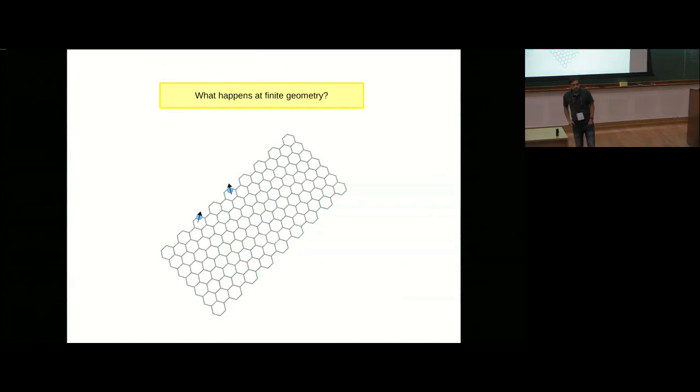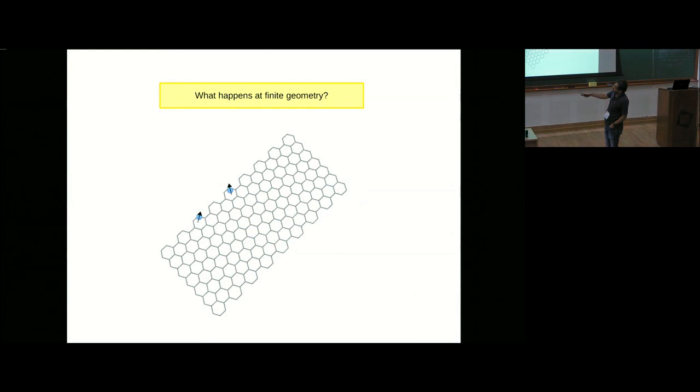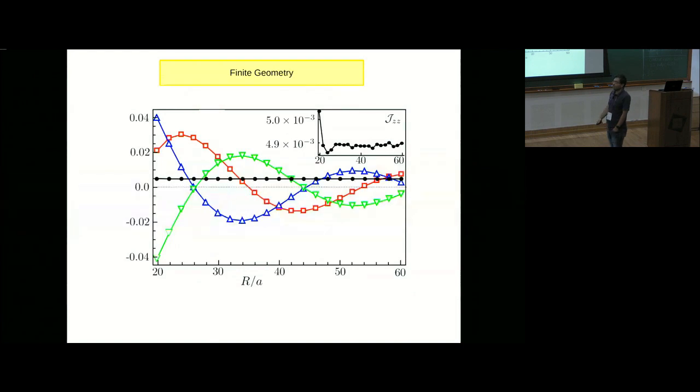Now what happens if we are in a finite geometry, where the edge states go along and can come back, traversing the whole system? This is the result we get. Apart from the other spin components you had, now you also have a finite and constant Ising coupling.